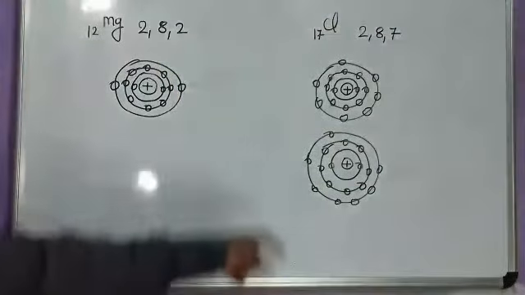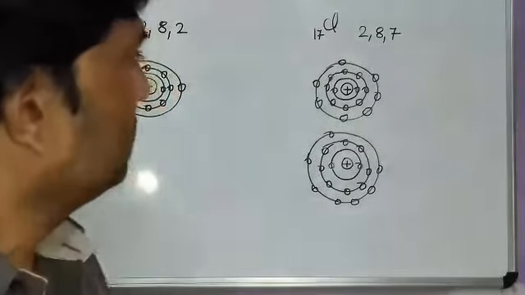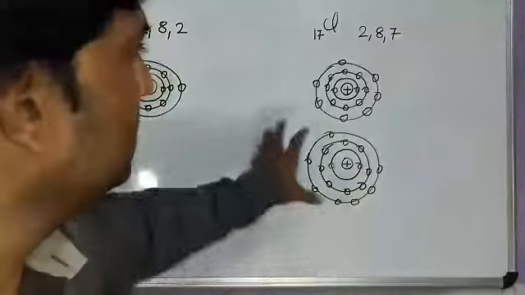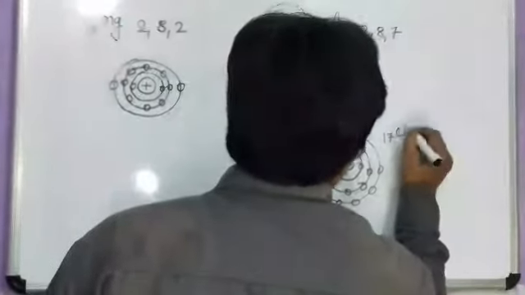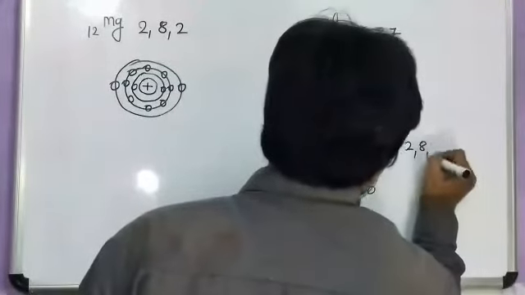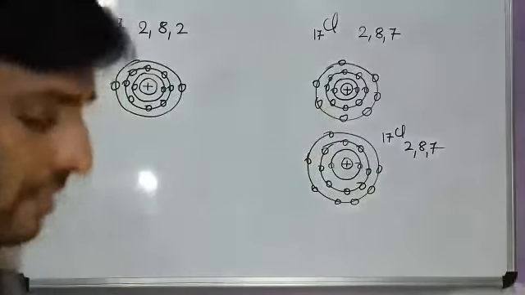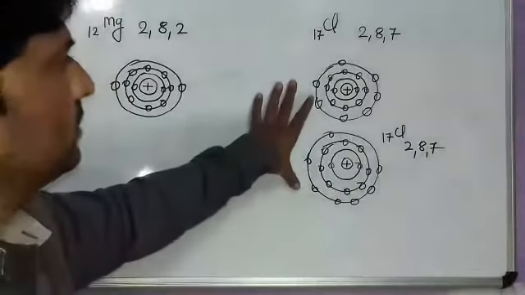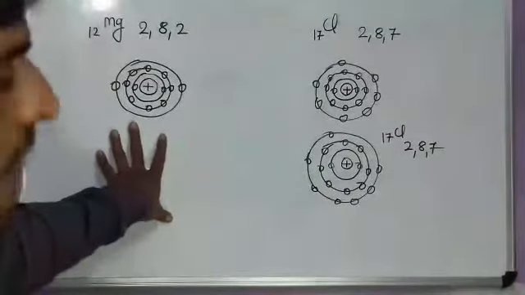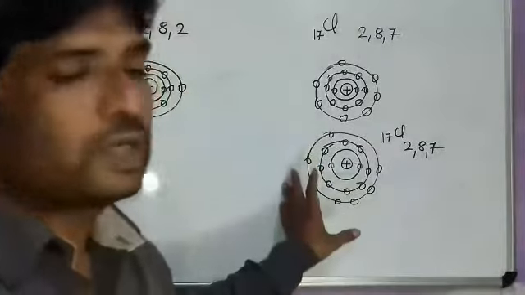Okay, so this is the other atom of chlorine. So there are 2 atoms of chlorine here. The configuration of the second chlorine atom is the same as the first, 2, 8, 7. Okay, so one magnesium atom donates electrons to 2 chlorine atoms.